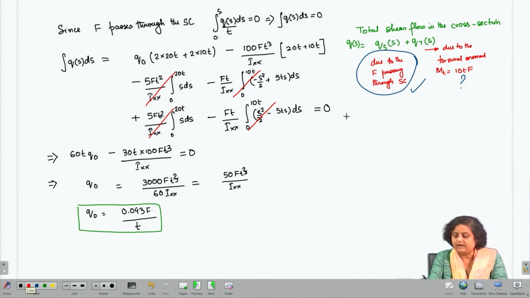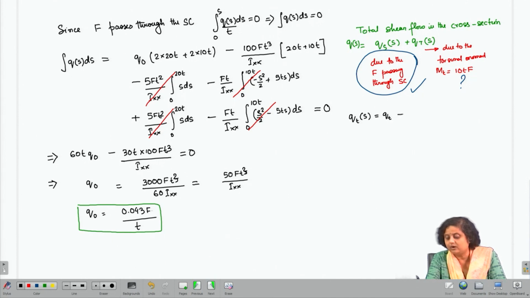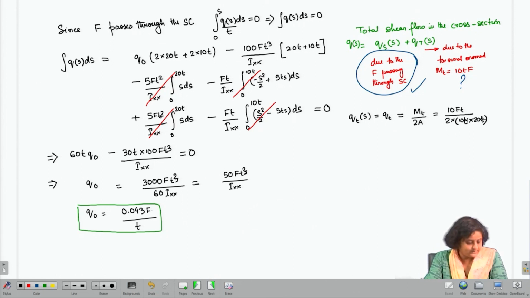We know very well that QTS is actually QT, because it will not vary with the coordinate S, and can be written as MT by 2A, where MT is given as 10 into FT by 2 into A, the area, 10T into 20T, which is going to give us QT to be 0.25 into FT.